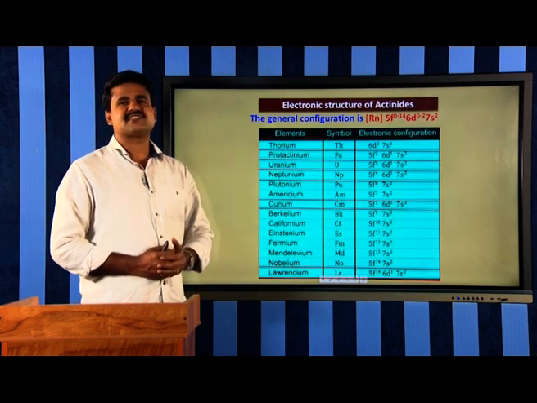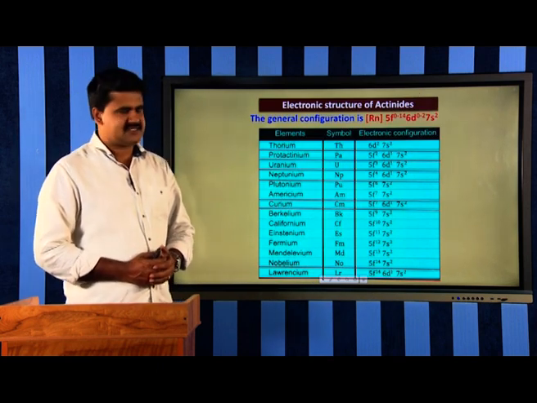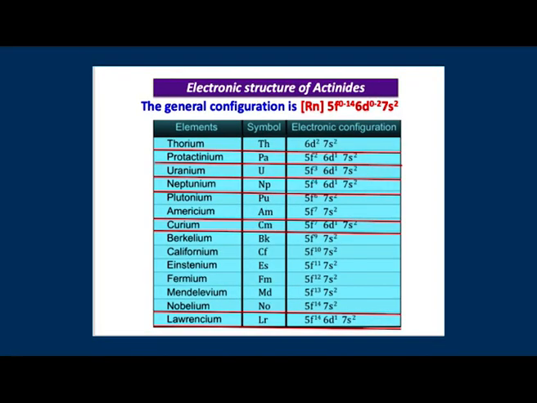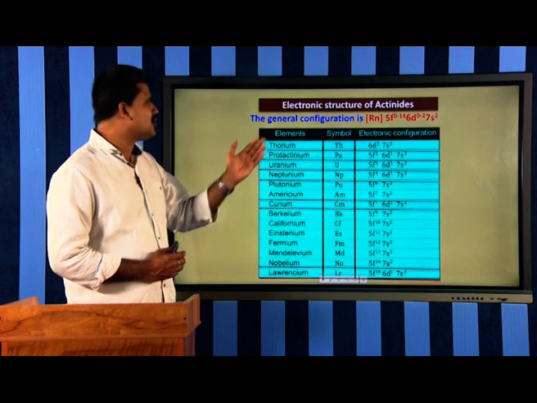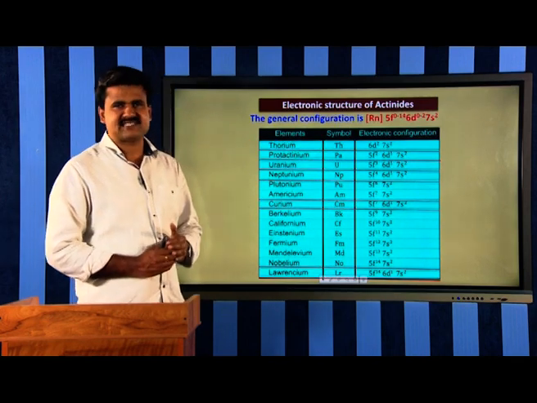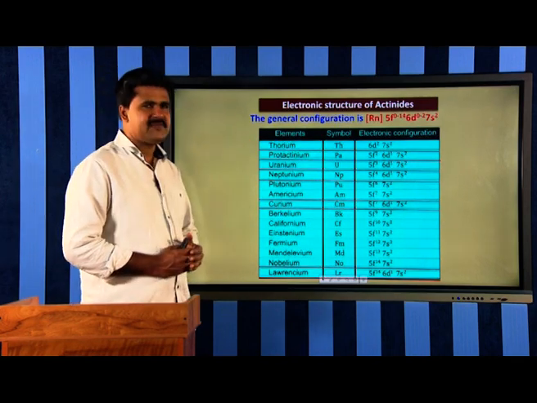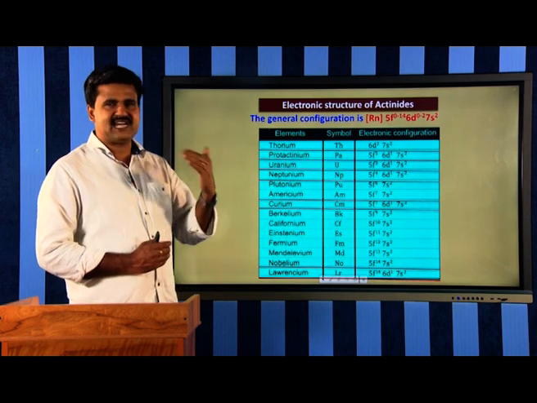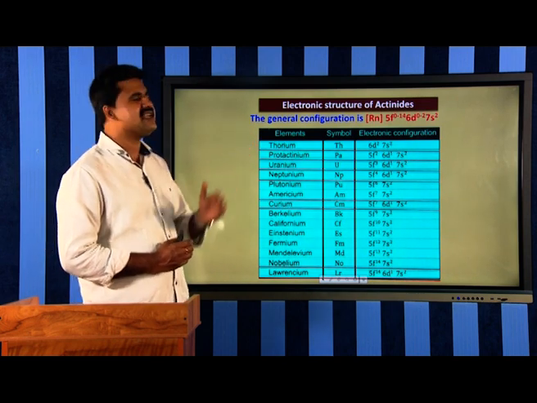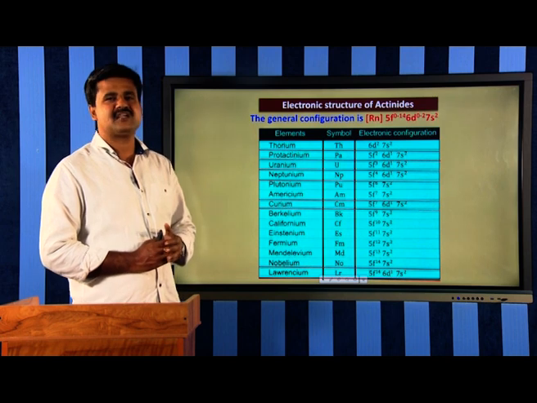The electronic structure of actinide elements. The general electronic configuration can be represented as radon core 5f0 to 14, 6d0 to 2, and 7s2. Simply note that here 7 represents the ultimate shell, 6 represents the penultimate shell and 5 represents the antepenultimate shell.